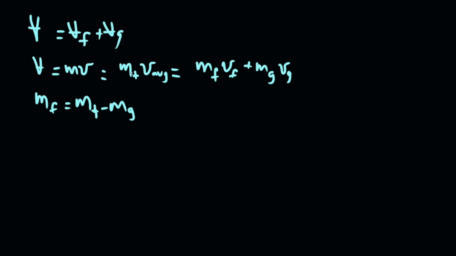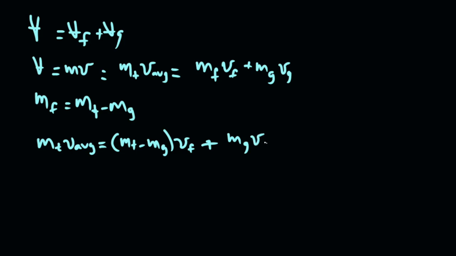Going back, the total mass times V average is equal to the mass of the liquid, m_t minus m_g, quantity, times V sub f, the specific volume of the saturated liquid, plus the mass of the saturated vapor times the specific volume of the saturated vapor, V sub g.